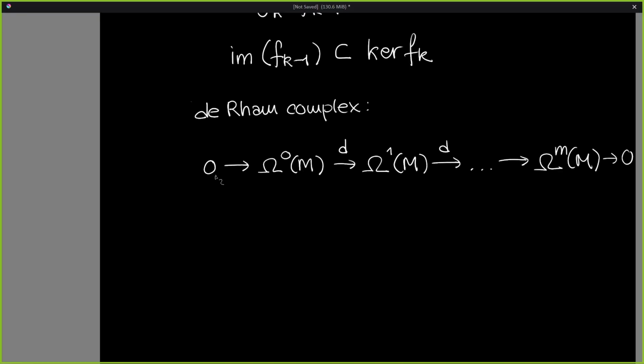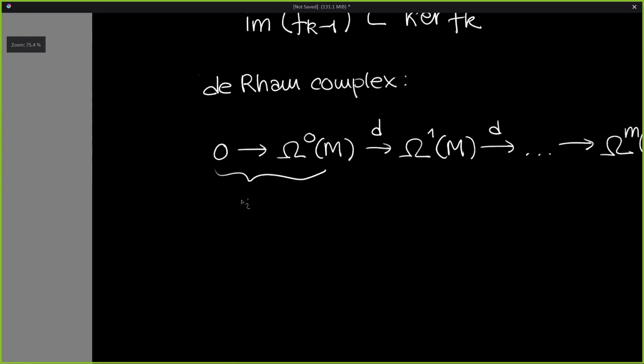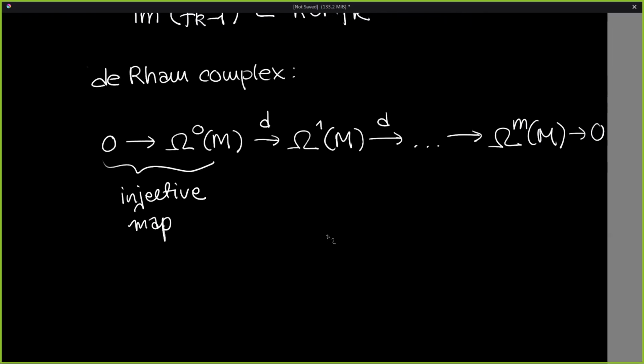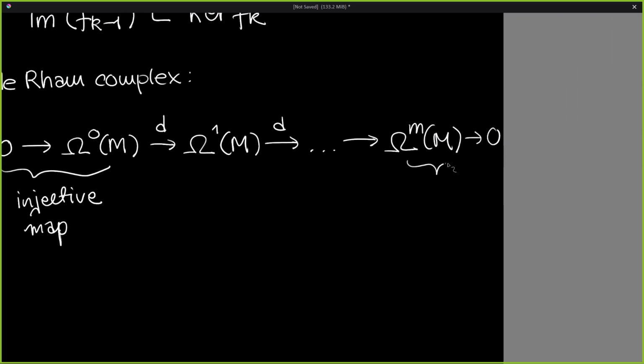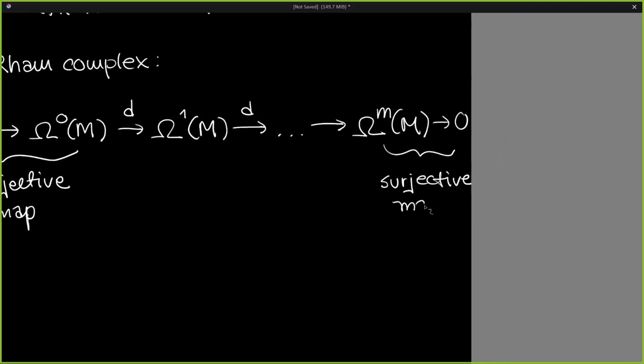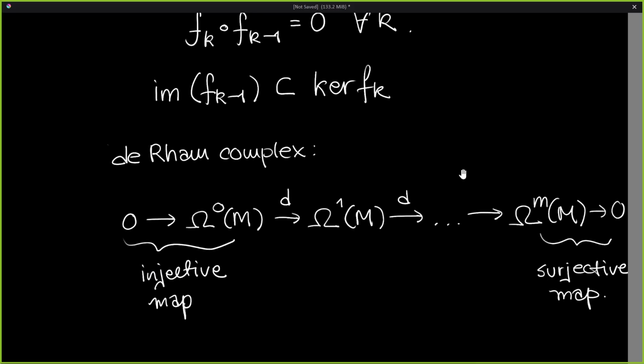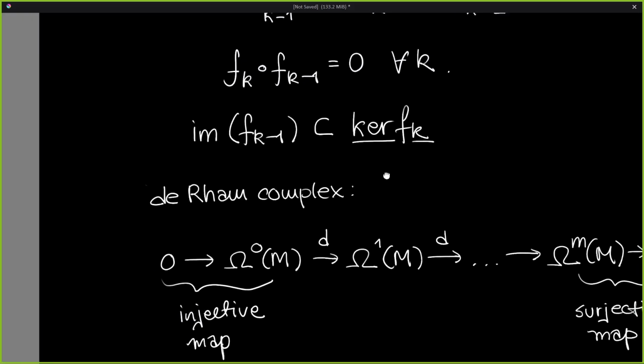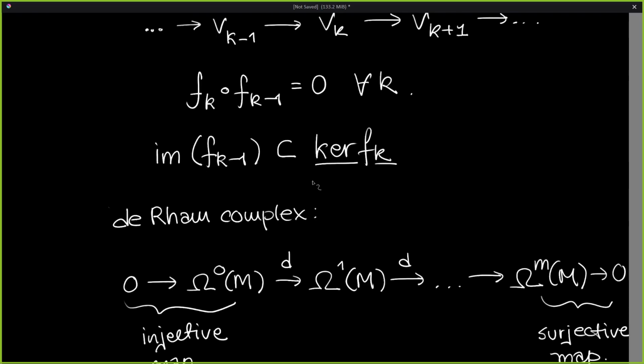The first arrow pretty much just means that this is an injective map, and the last arrow means that this is surjective. Because the image has to be a subset of the kernel. The kernel is the subset of the domain that maps to 0, and the image is the subset of the codomain that is mapped by the entire domain, right?